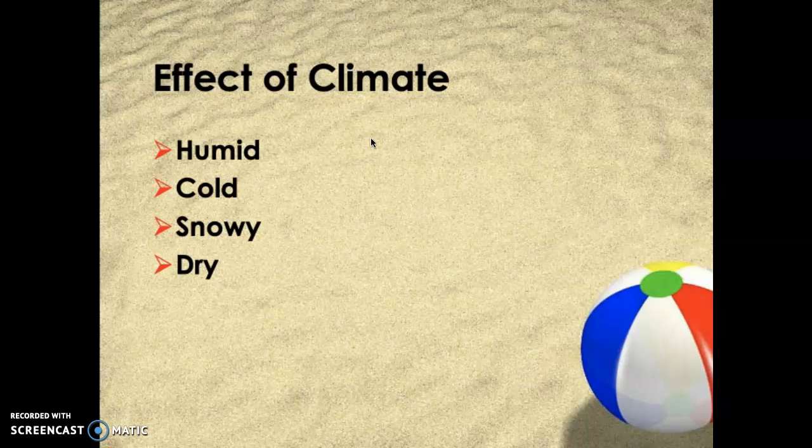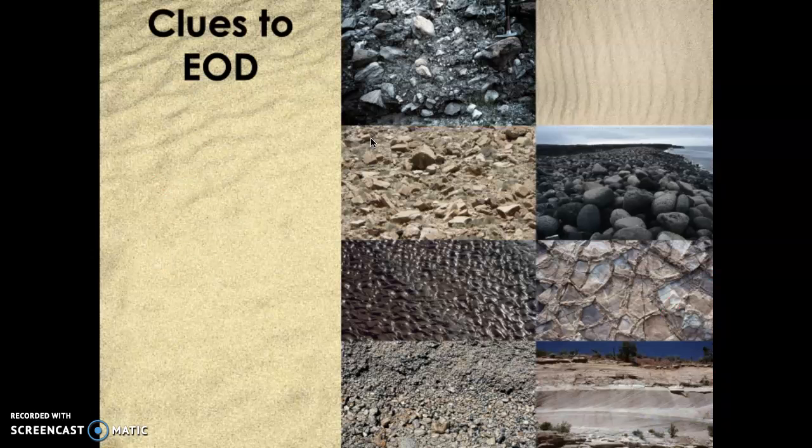One of the cool things about sedimentary rocks is they're not only a record of the physical environment, like was it a river or a coastal area, but you also get information on the wind direction and whether it was a cold or a warm environment, because those things will potentially leave clues in the sediments as well. So we have a whole bunch of clues that help us determine the environment of deposition. We'll be using EOD as an abbreviation for that.